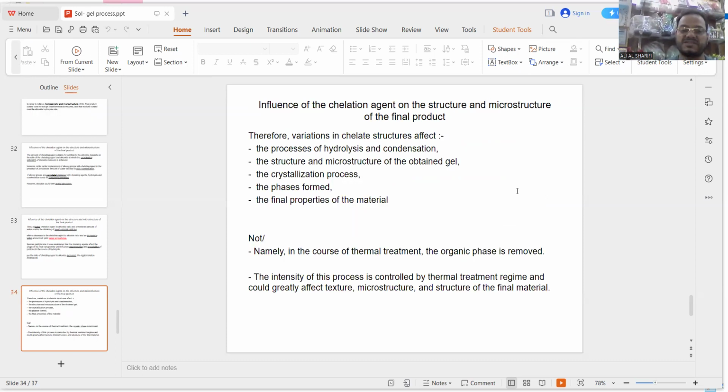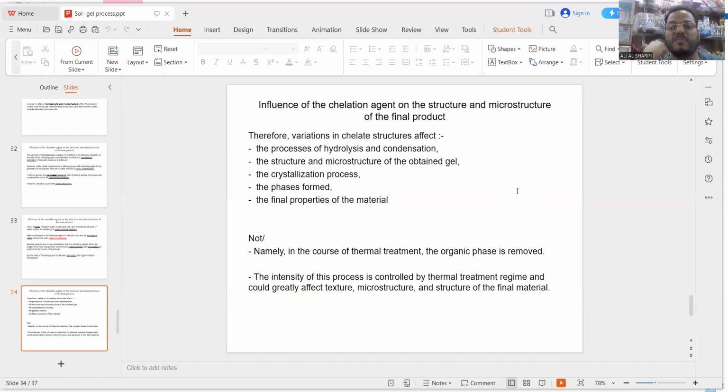Here, let's summarize these last two slides. Variation in gelate structure makes the gelation process very important. Variations in gelate structure affect the process of hydrolysis and condensation, the two stages of the sol-gel process.